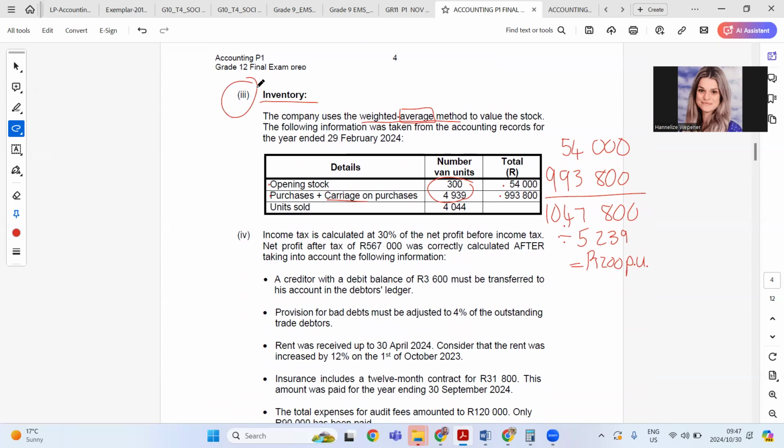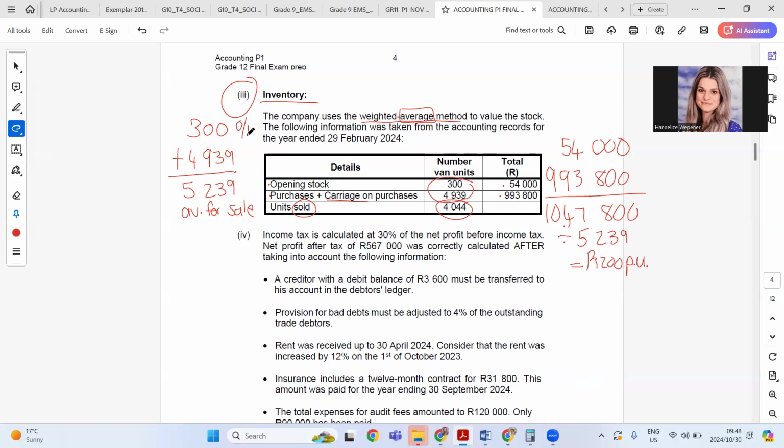So we started with stock of 300 units. We then purchased a further 4,939 units, so we had 5,239 available for sale. They are saying that I have sold 4,044. In order to calculate my closing stock balance, I need to know how many units I have in stock at year end.